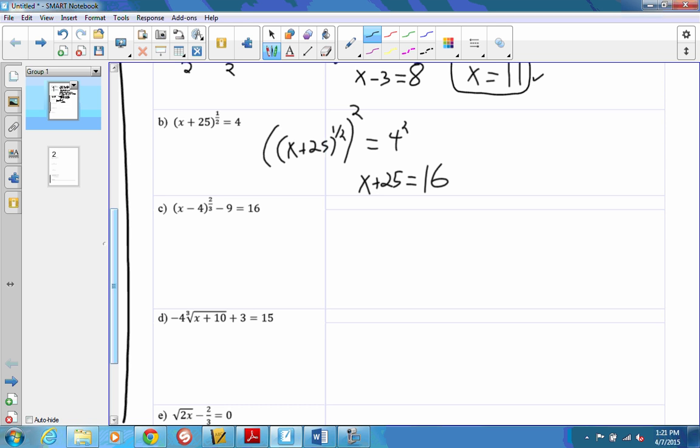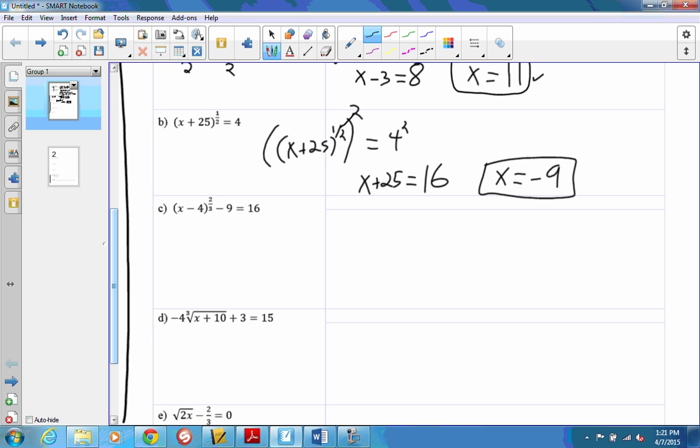I can just square it like this, and 1/2 times 2 is 1. So x equals 16 minus 25, which is -9. Good.